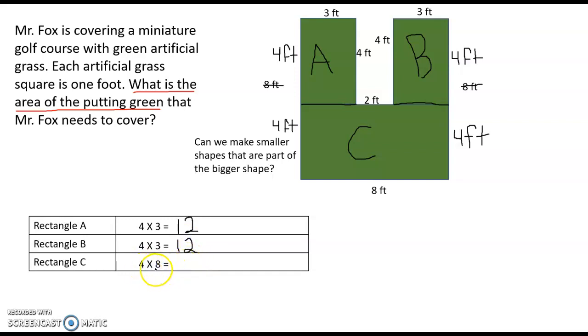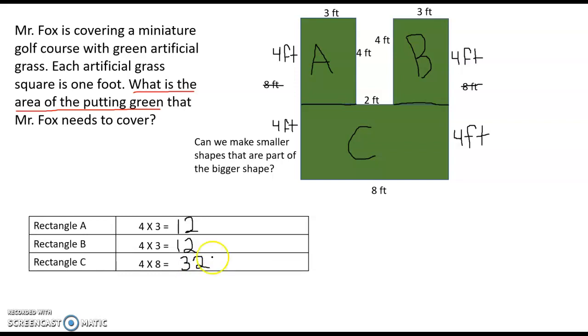Go ahead and solve 4 times 8. Okay, 4 times 8 is 32.